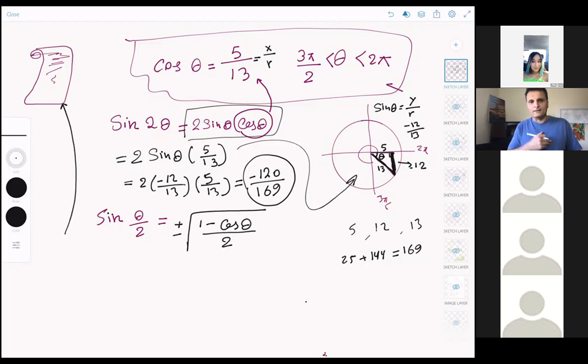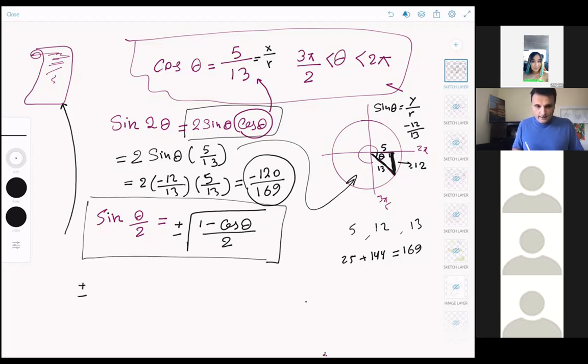This is the half angle for sine. So it will be plus minus. Your job is to decide if it is plus or minus, but let's worry about that later.